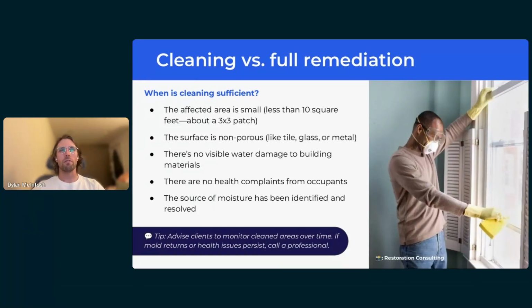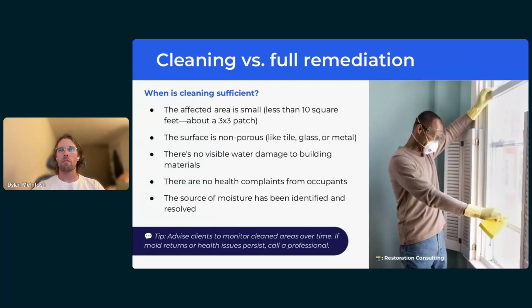So less than 10 square feet, so, 3 foot by 3 foot, or 1 foot by 10 foot type area of mold growth. Again, PPE is going to be important to protect the person performing the cleaning.